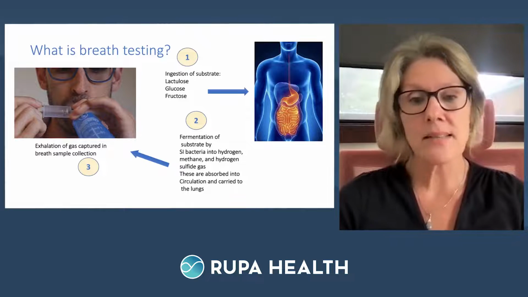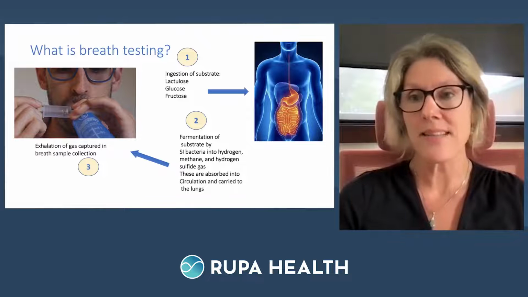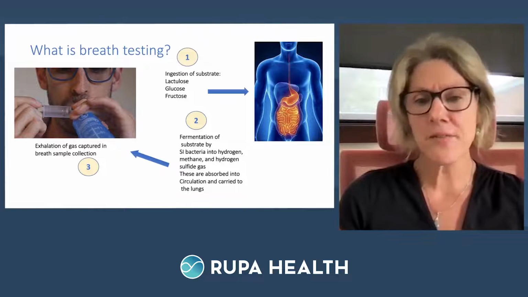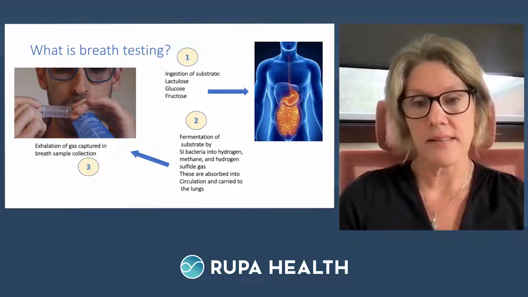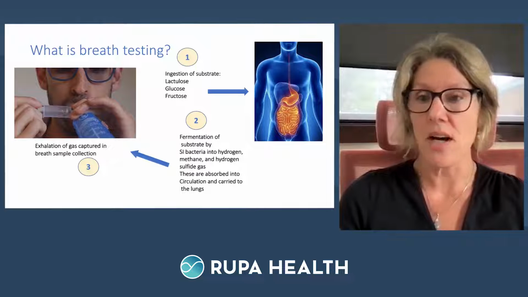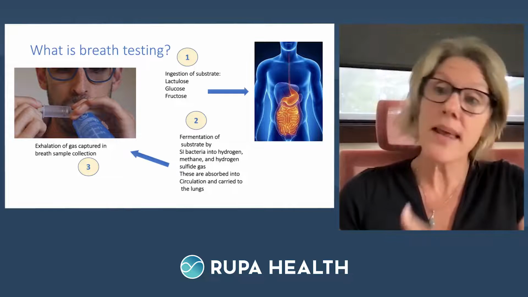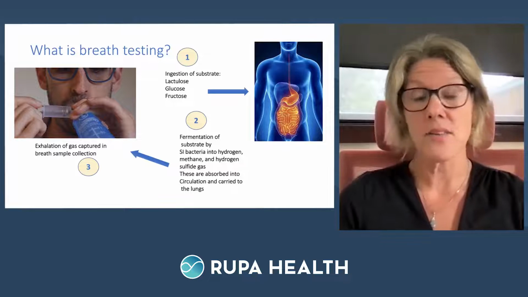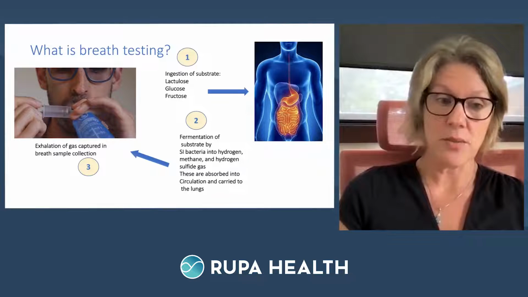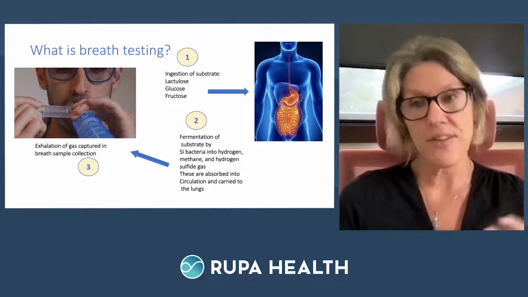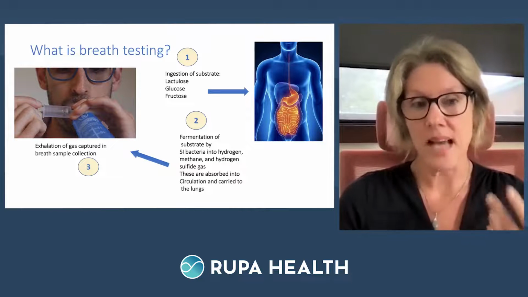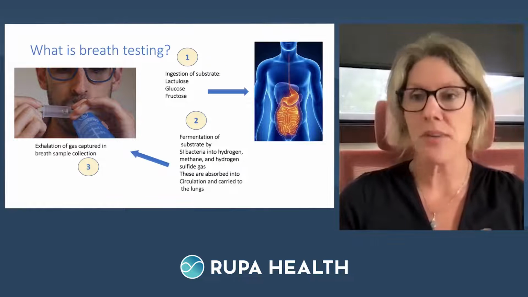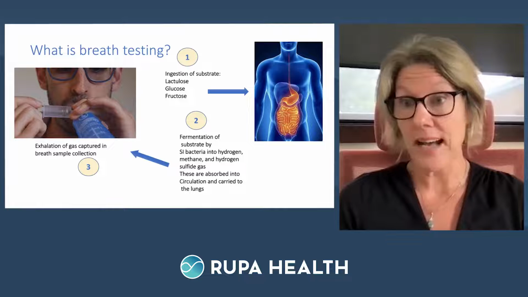What happens is that substrate, which is basically a fuel source for bacteria, is fermented by these small intestinal bacteria into hydrogen, methane, or hydrogen sulfide gas, which are then absorbed into circulation and carried to the lungs. That's where the breath test comes in, because every 15 to 20 minutes, when the patient is sampling the breath, we're capturing different levels of gas potentially.